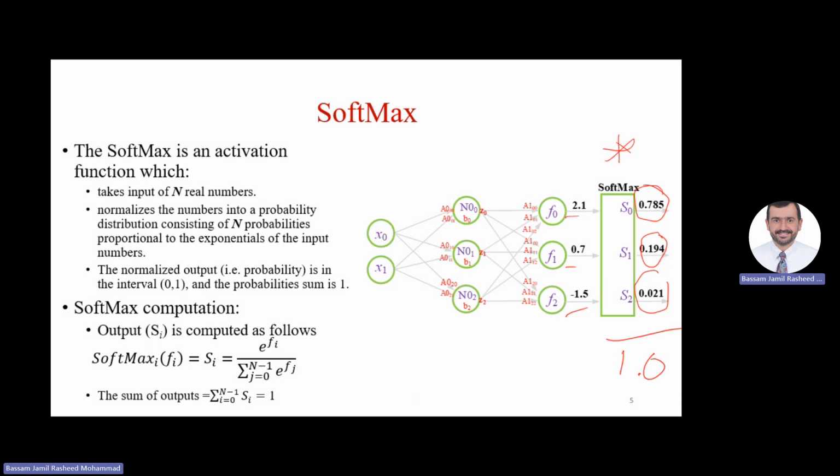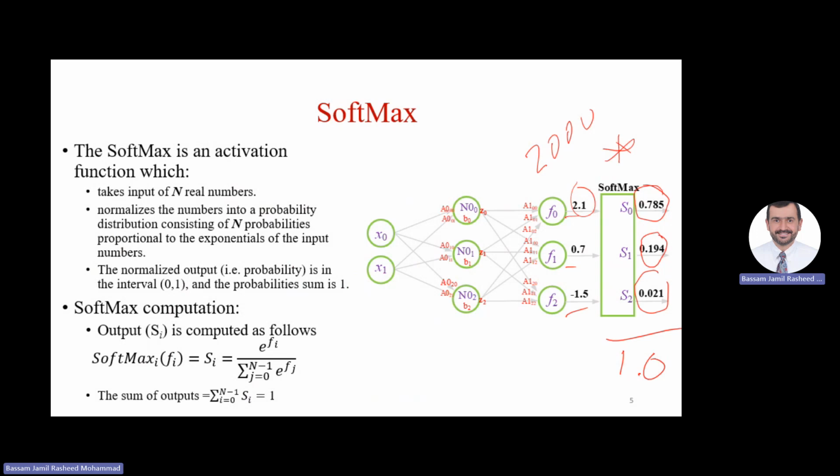Okay, that's beautiful. And then what you will notice is that even if you have a very large number, let's say, for example, instead of 2.1, this was like 2,000, it will normalize it. All the answers will be between 0 and 1. That's the beautiful thing about softmax.